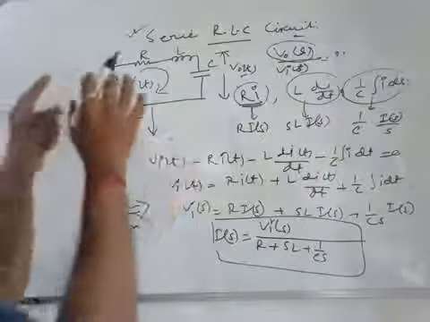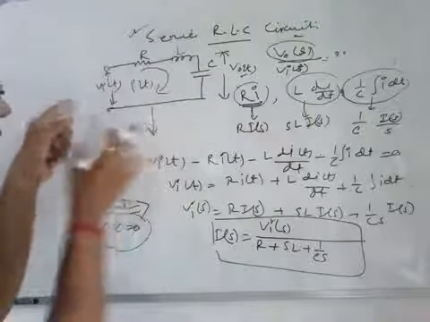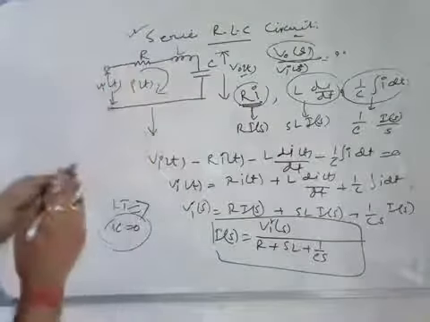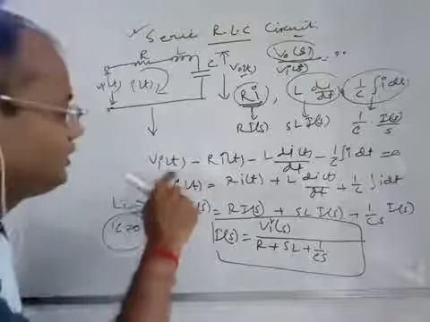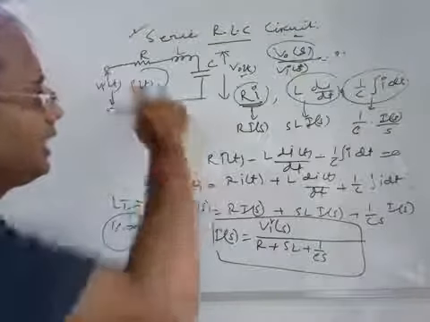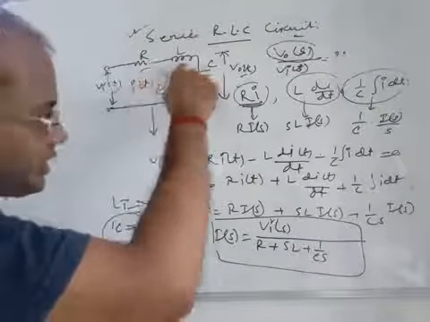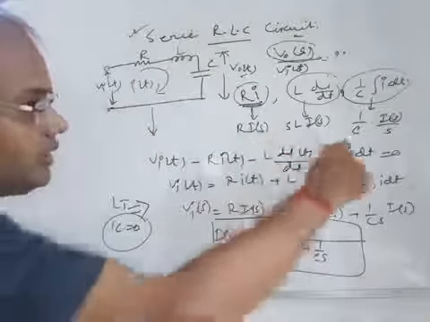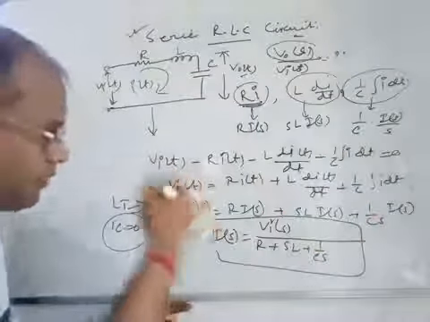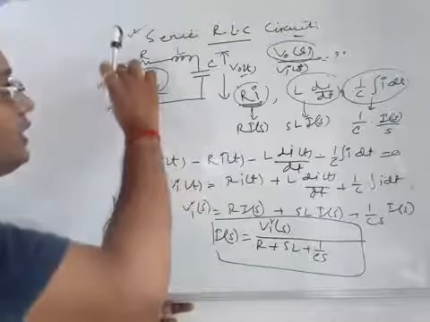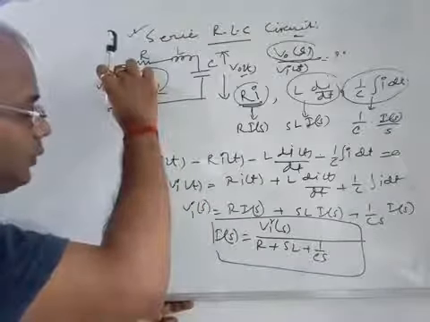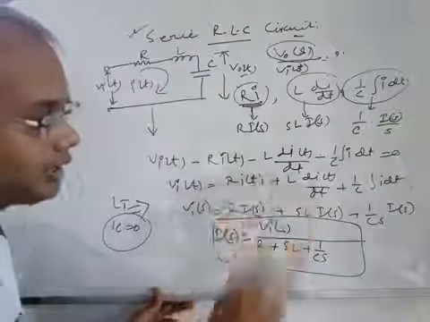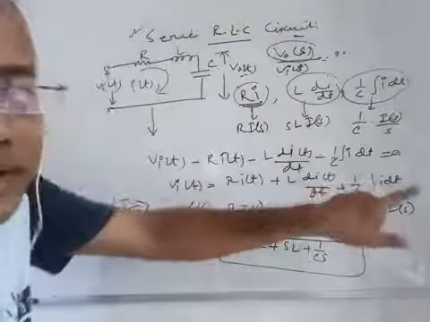Now, the voltage equation, KVL corresponding to this, is Vi(t) minus R i, minus L di/dt, minus 1 by C integral of i dt equal to 0. From here we get Vi(t), the forcing function, equal to R i(t) plus L di/dt plus 1 by C integral of i dt, right?